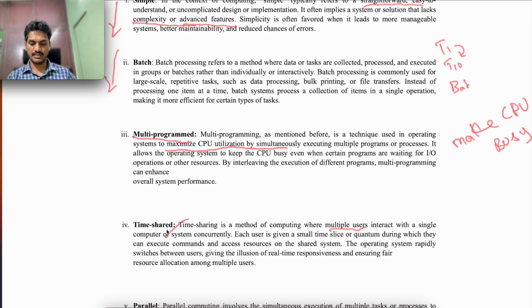First 10 seconds, user 1. Second 10 seconds, user 2. Like that, we can share the time of a single computer. If there is only one computer, we have to share it among multiple users by dividing the time.